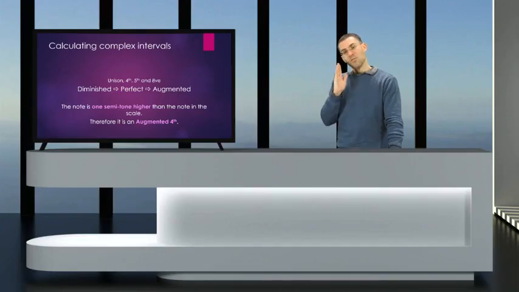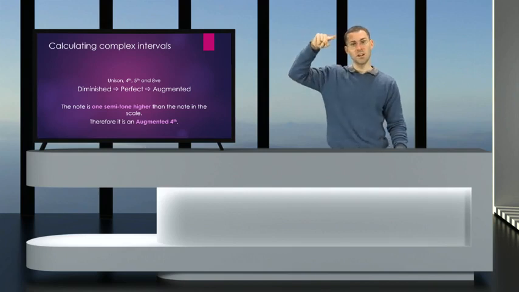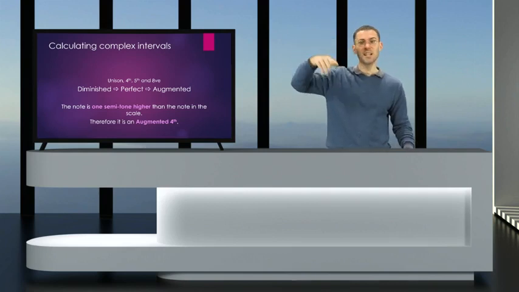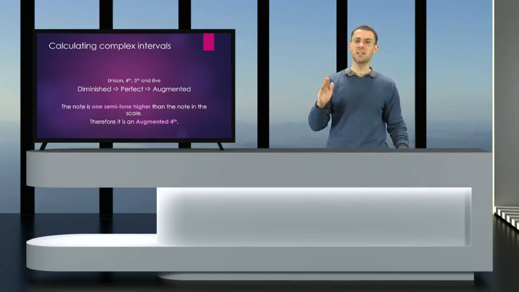So fourths can be perfect, augmented, or diminished. If a perfect fourth is raised a semitone, it becomes augmented. And because our one is one semitone higher than the B flat, it's been raised. So this is an augmented fourth.